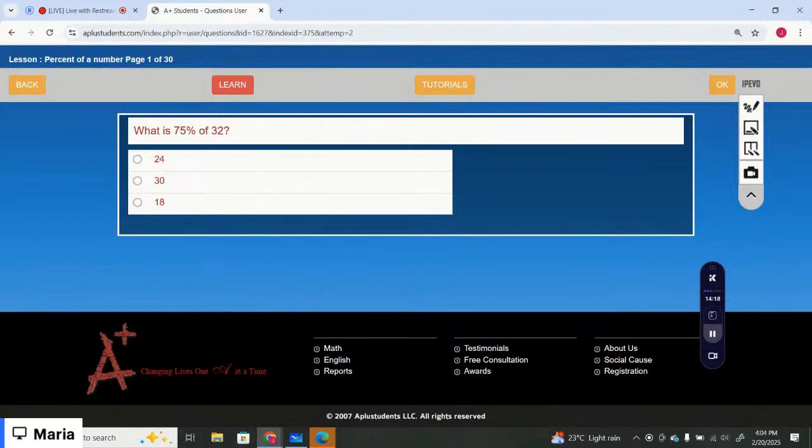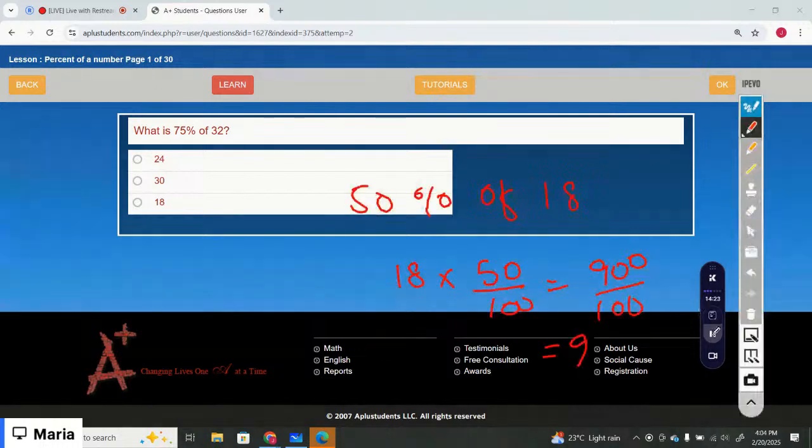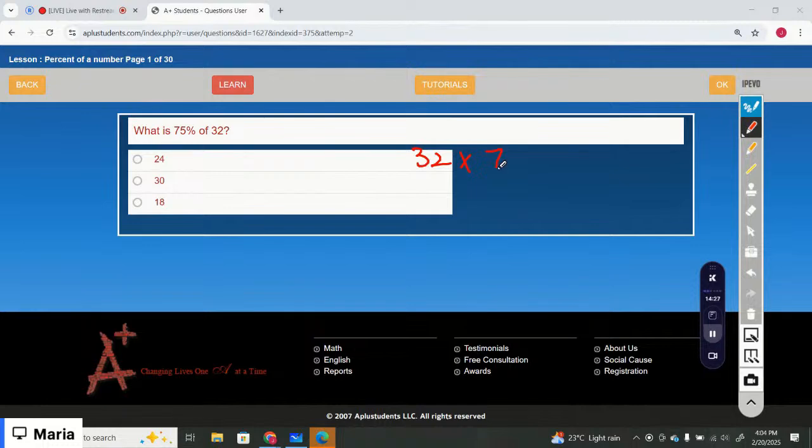What is 75% of 32? So how do you calculate? You have to do 32 times 75%. And 75% means 75 out of 100. So just use the calculator or simply multiply 75 times 32. 75 times 32 is 2400.